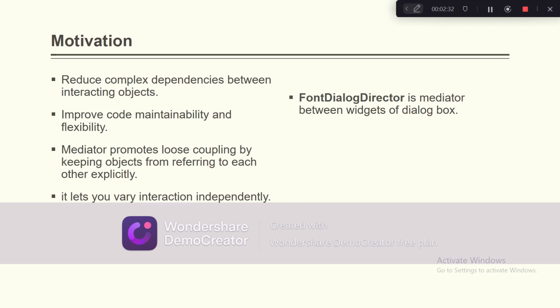For example, in this diagram we see that there are four objects with some attributes, and there is one mediator, the font dialog director, which is the widget of a dialog box. So a change in code may affect and change the classes as well. Moving on, problems in object-oriented systems.